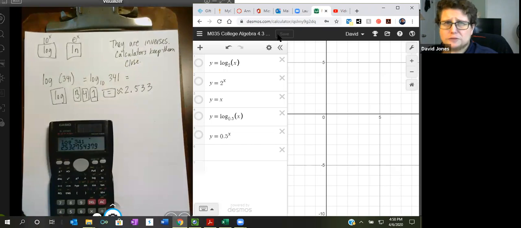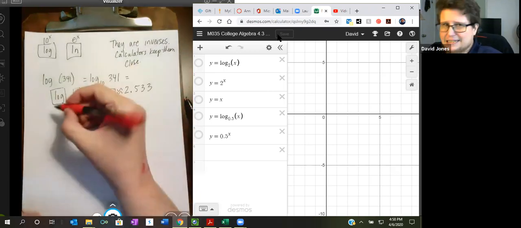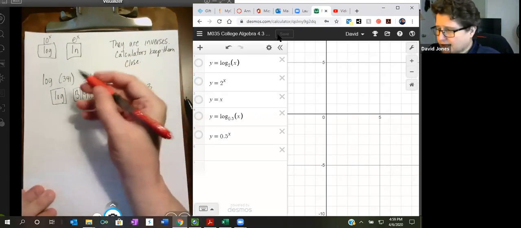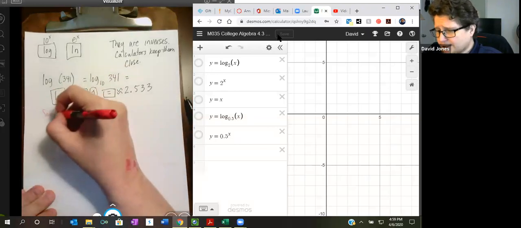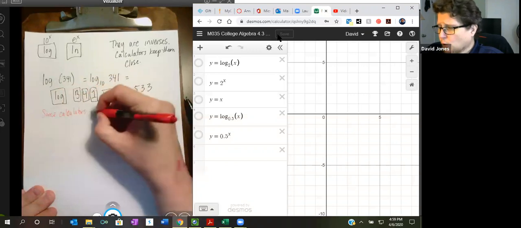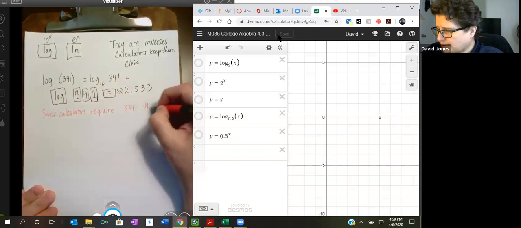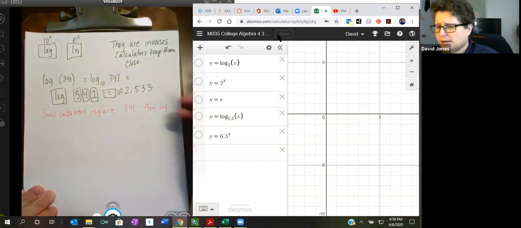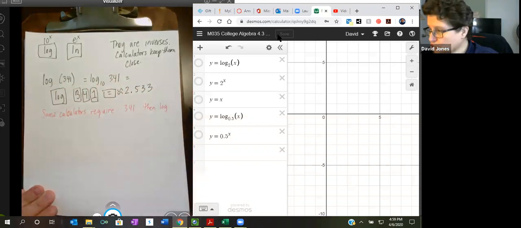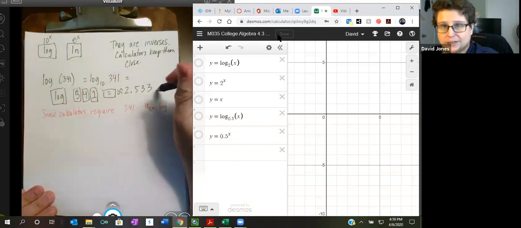Some calculators make you type in the number first and then hit log. So I'll spell that out. This is easier to show in class, but this is the best I can do. Some calculators require 341, then log. Right now, you should try this on your calculator. Find out how your calculator works. I'm showing you what the answer is.